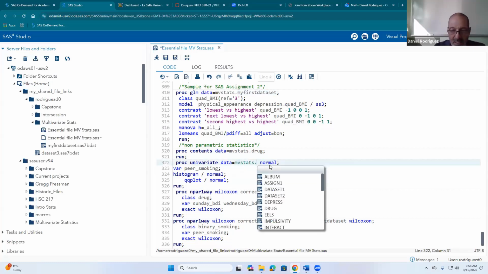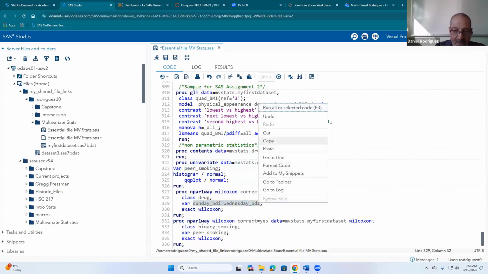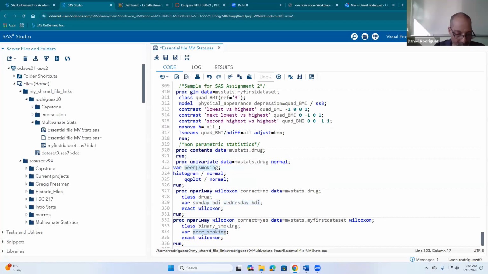I love that this works like that, drug, and my variables were those two variables, which are here actually, Sunday BDI and Wednesday BDI. I'm just going to copy those and paste them here, Control V. There they are. And so I'm doing a proc univariate.